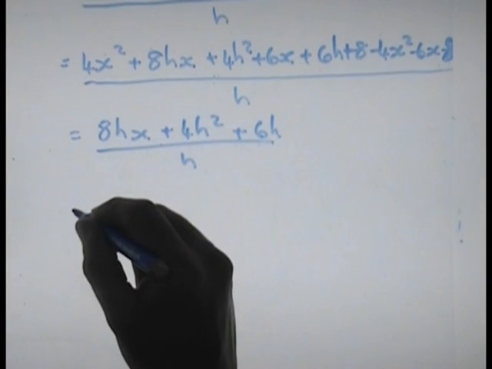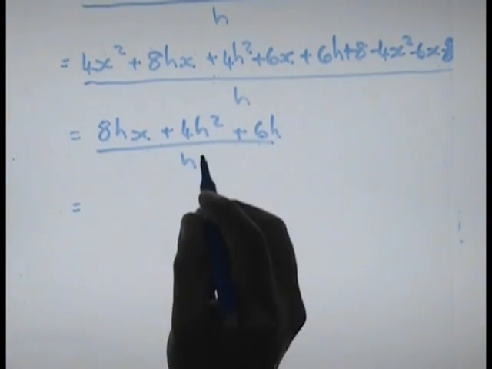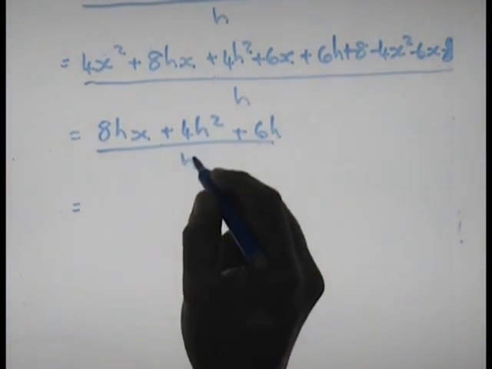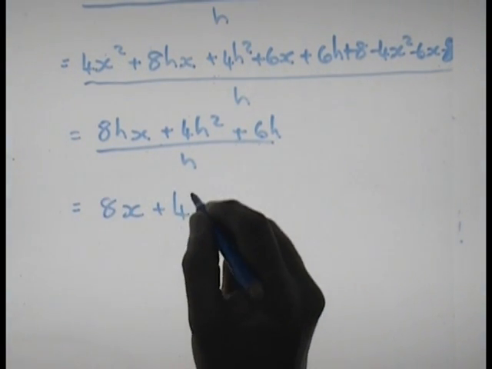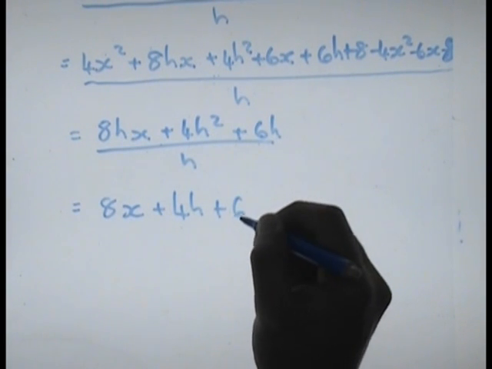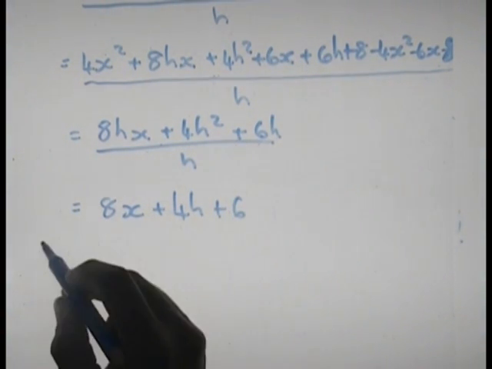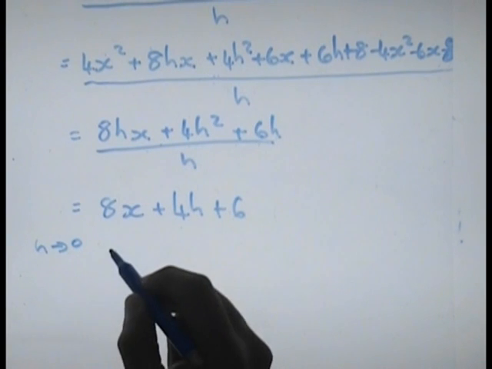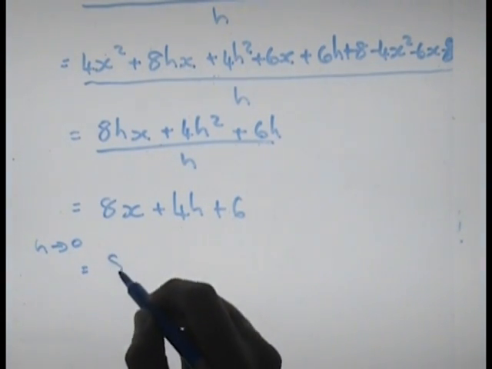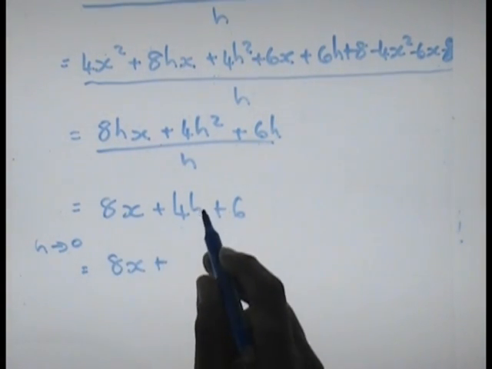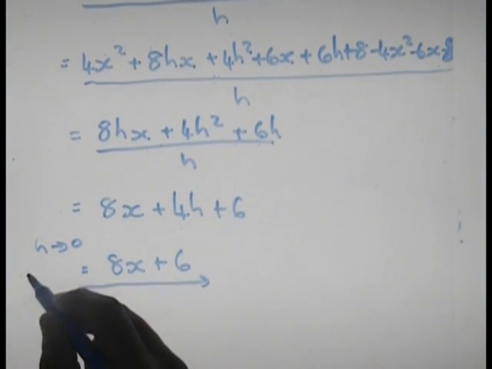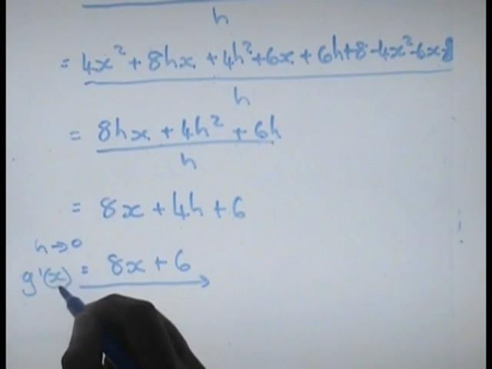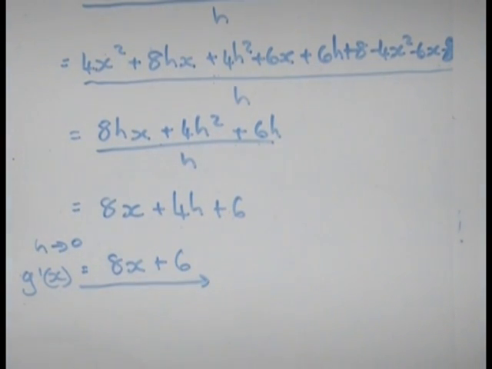That's going to equal, if I divide through by an h, 8x plus 4h plus 6. But remember I said that h tends to 0. That means that this will equal 8x plus 4 times 0 is 0, plus 6. And that is what g dash x is equal to, or the gradient of g of x.